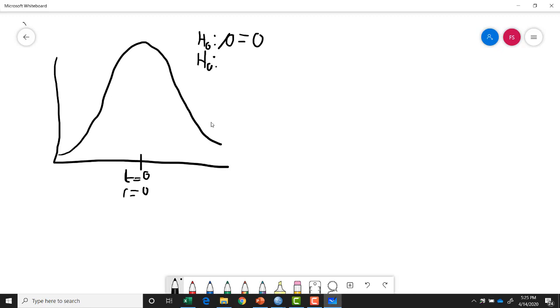My alternative hypothesis is my correlation is greater than 0. And this is going to be my rejection region here. So this is going to be my T star, which is an alpha. The degrees of freedom for this one is n-2, but again, don't worry about it for this class. So as my correlation, as my R gets bigger, my T gets bigger, and it gets bigger and bigger until I eventually reject.